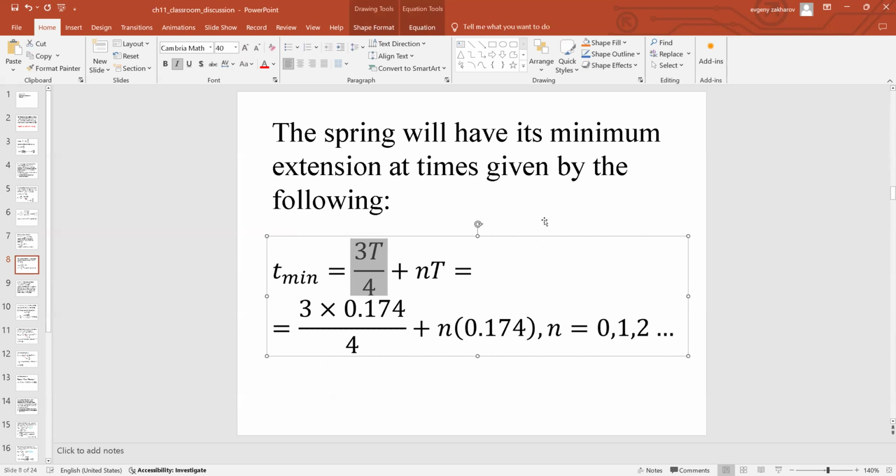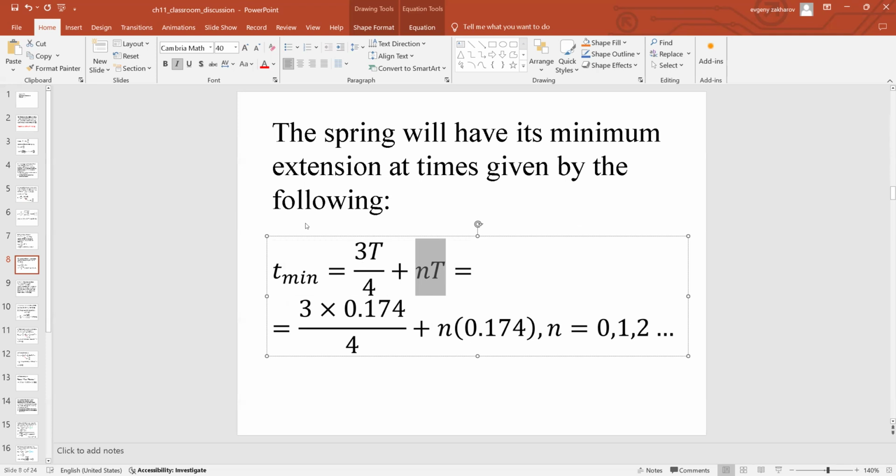Because once again, you start from equilibrium, you go, say, down, that's a quarter of a period, you go up to equilibrium, that's half of the period. 3/4 you go to the opposite side, and 4/4 you go back to equilibrium. So 3/4 plus the whole number of periods will put you in maximum compression or extension.